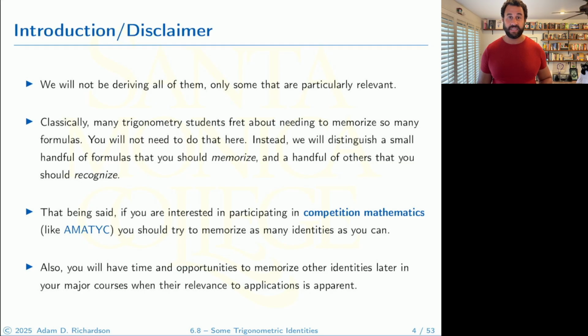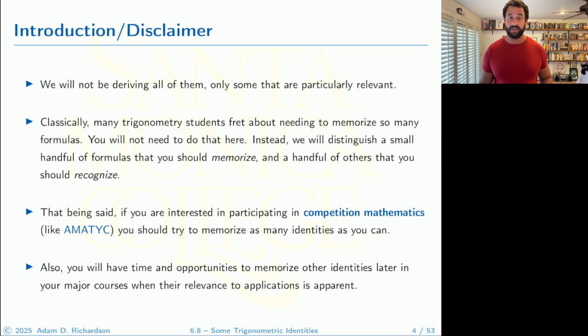So here, instead, I'm going to do what I've done in the past, which is I'm going to distinguish a small handful of formulas that you really do need to memorize, and then a handful of others that you should recognize. All right, the difference between memorizing and recognizing a formula or an identity, okay?